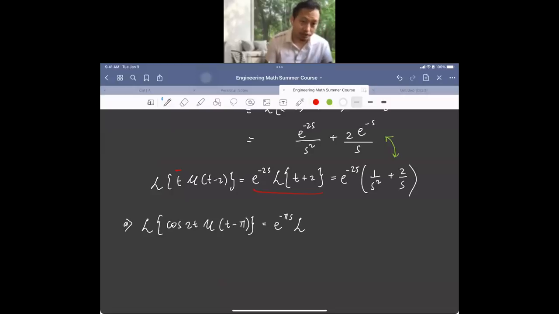The function is cosine 2t, so we can replace t with t plus pi, so it becomes cosine 2t plus pi.